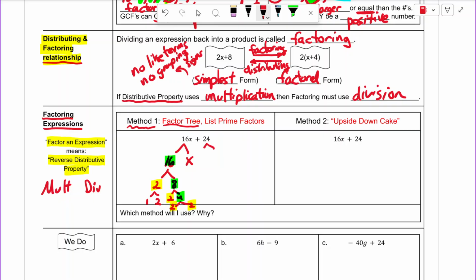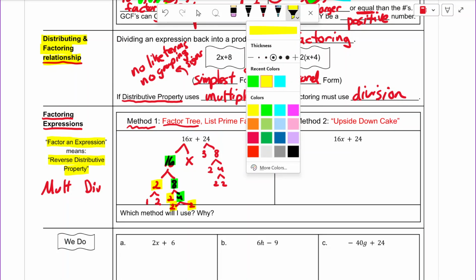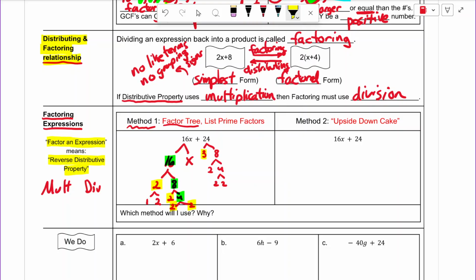So I'll make this a little shorter. This could be anything you like. Let's say 3 and 8. 8, as you know, is 2 and 4, and 4 is 2 and 2. So the prime factorization for 24 is a prime, a prime, a prime, and a prime.